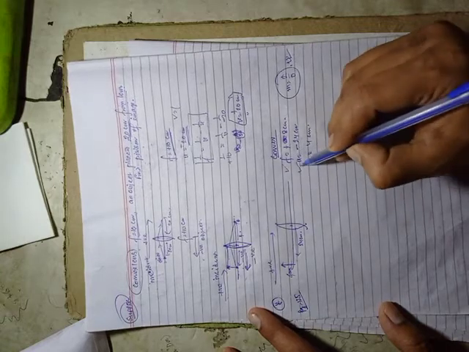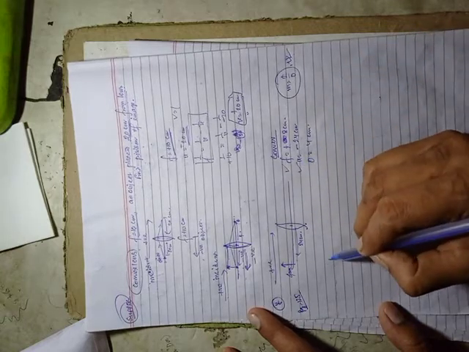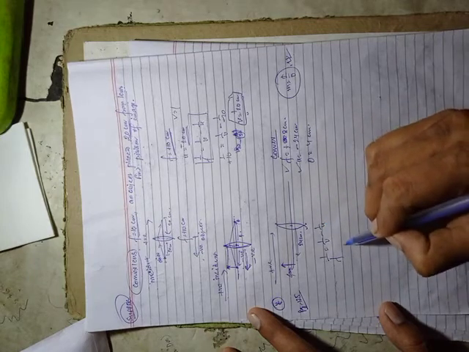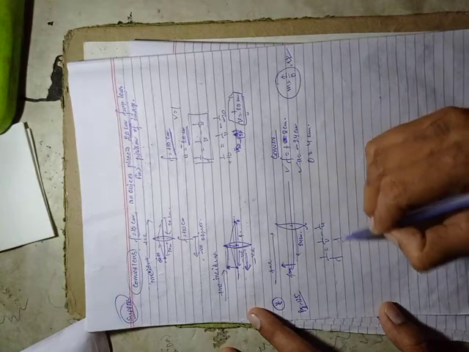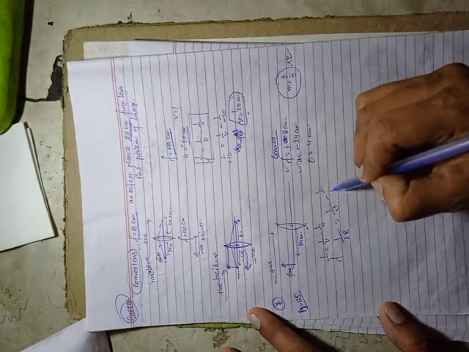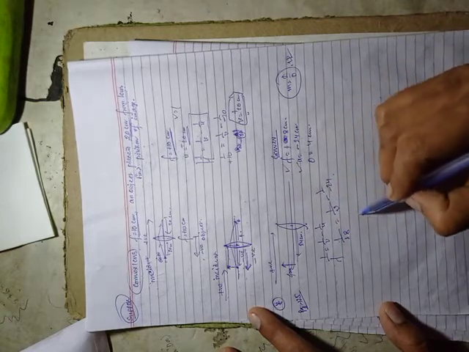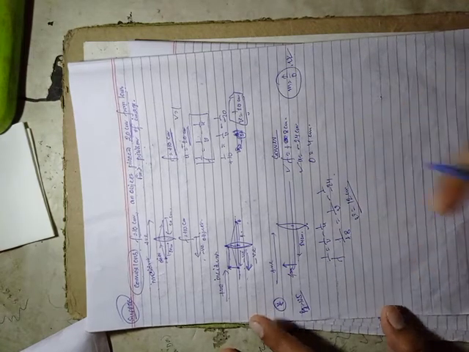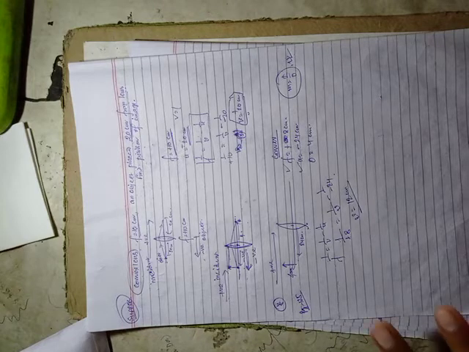First calculate v. 1 by f equals 1 by v minus 1 by u. Putting the values, 1 by plus 8 equals 1 by v minus 1 by minus 24. From here you will get v equals 12 centimeter. Students, remember this: the position of the image is 12 centimeter.